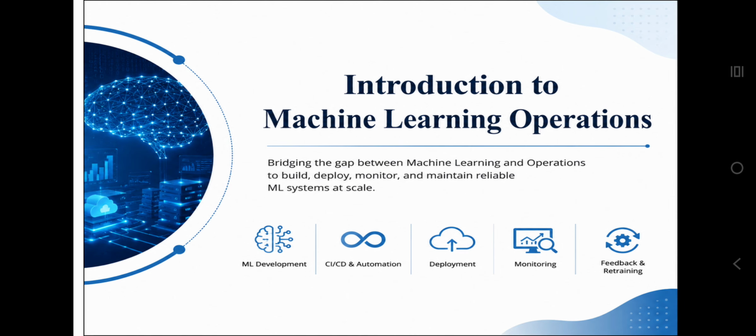The main target is to bridge the gap between machine learning and the operations involved in building a model, deploying a model, monitoring a model, and maintaining a model, so that machine learning systems will be reliable. In this subject we are going to discuss ML development, CI and CD automation, deployment, monitoring, and feedback and retraining if required.